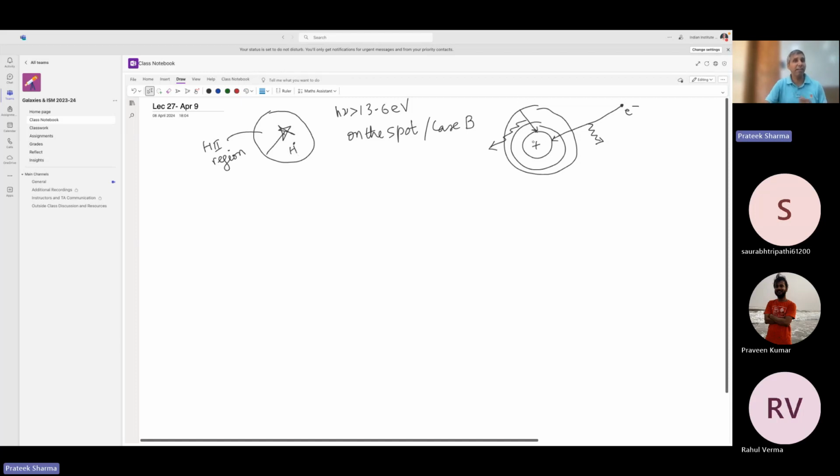Okay, so effectively in this optically thick case to Lyman continuum photons, right? So it's optically thick to Lyman continuum photons. All the Lyman continuum photons produced within the H2 regions because of recombination to n equal to 1 will be absorbed locally on the spot.